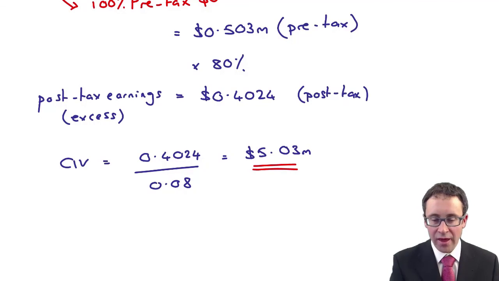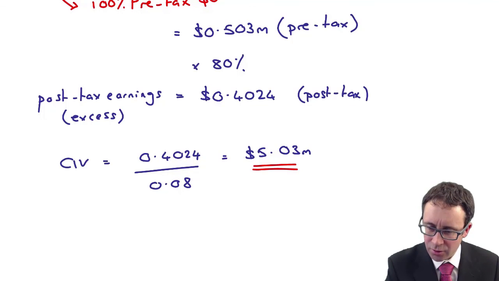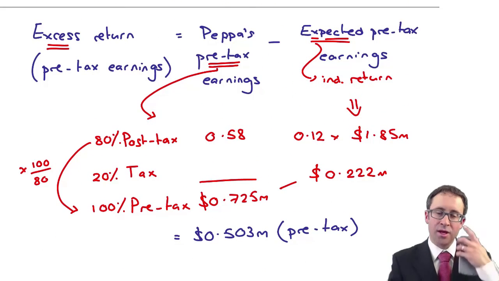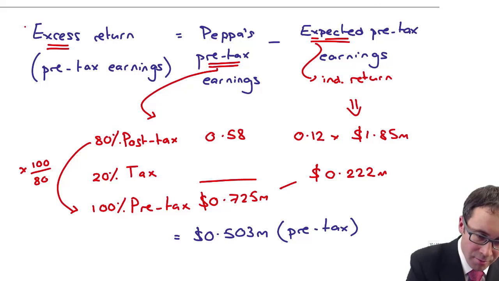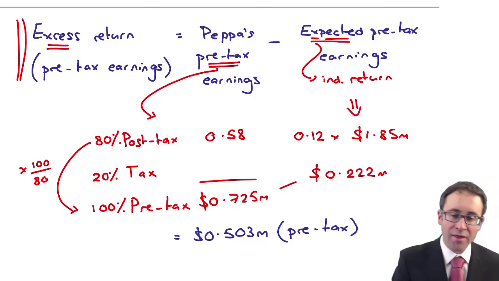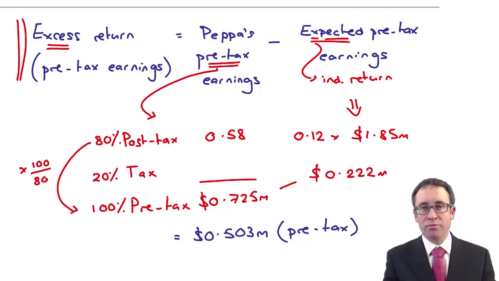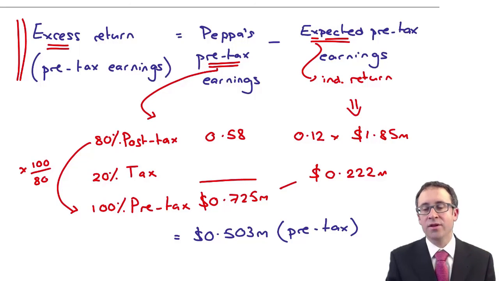Okay, excellent. There we go. I think you'll find within some study texts they give you a structured 1, 2, 3, 4, 5, 6 order in which to work it. If you want to stick with that, you are more than welcome. I think the key thing here is to remember that your excess return pre-tax, you need to look at your company's pre-tax earnings, and again you'll need to make adjustments for tax there to get the pre-tax figure.